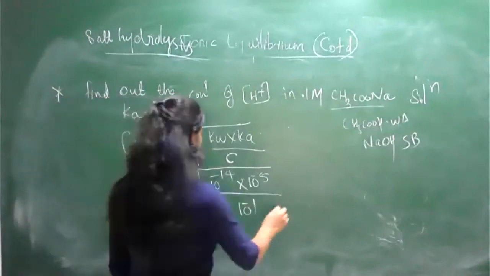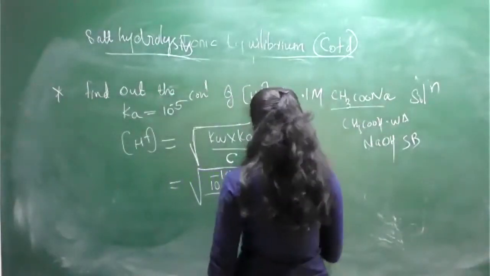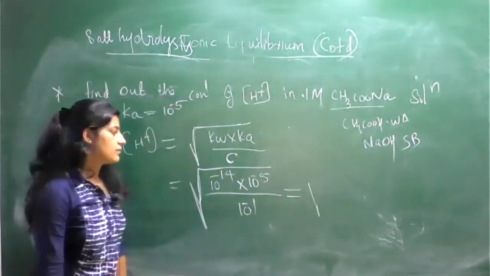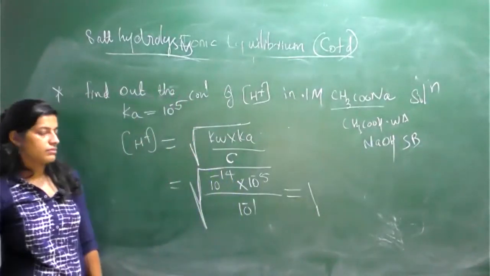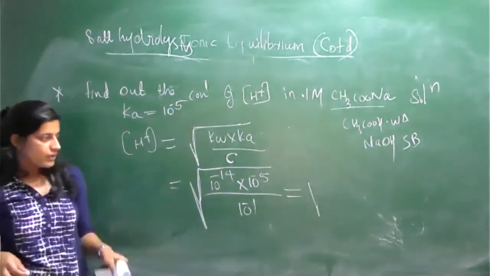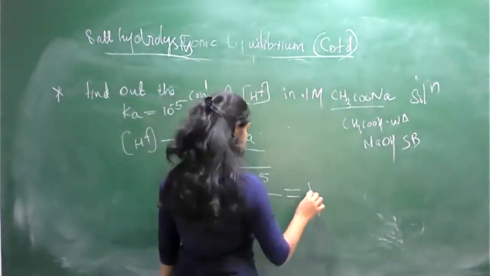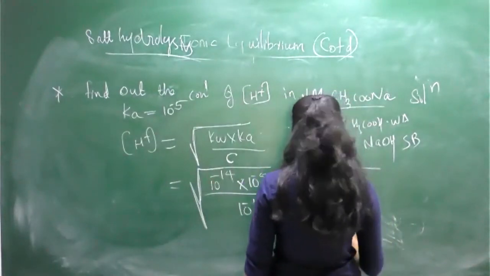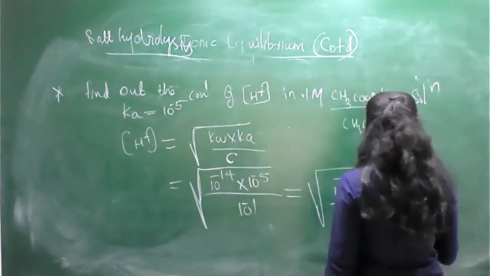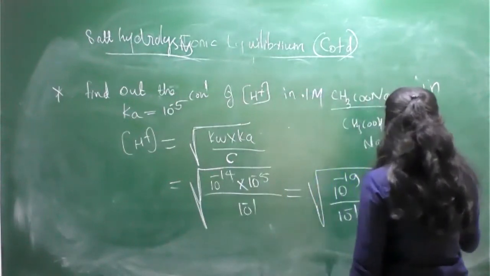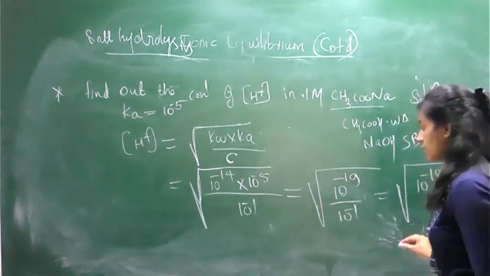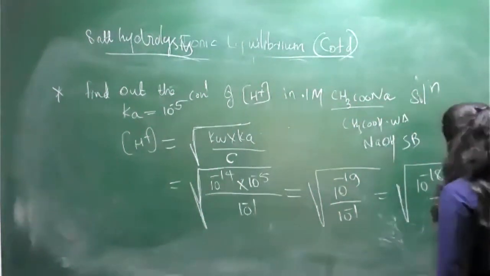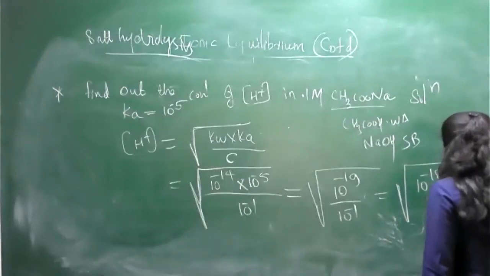Then we get root of 10 to the power minus 18, which is 10 raised to minus 18 to the power 1 by 2. We will get 10 to the power minus 9 as our answer.